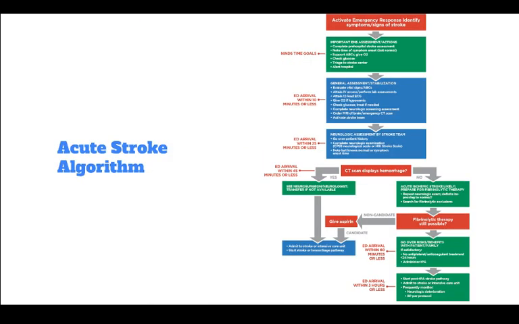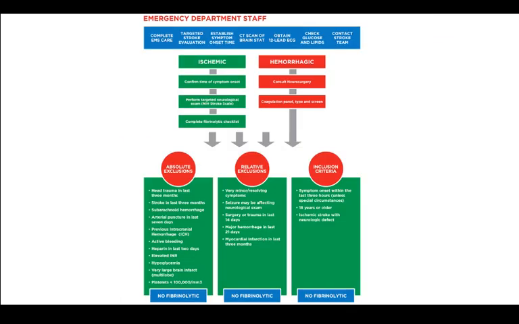Then these will all lead to absolute exclusion: head trauma in last 3 months, stroke in last 3 months, subarachnoid hemorrhage, arterial puncture in last 7 days, previous intracranial hemorrhage, active bleeding, heparin in last 2 days, elevated INR, hypoglycemia, very large brain infarction, multilobe, and platelets that are less than 100,000 per mm3. Means no fibrinolytic.